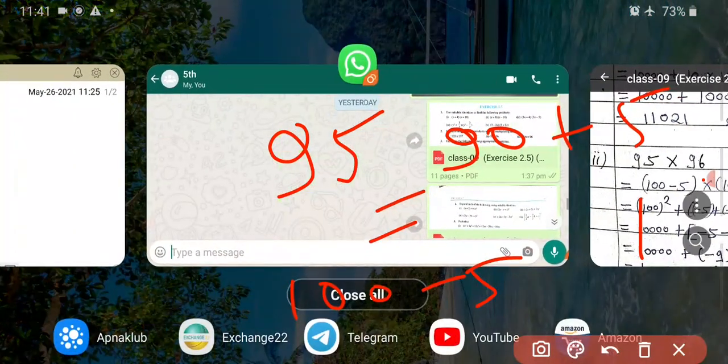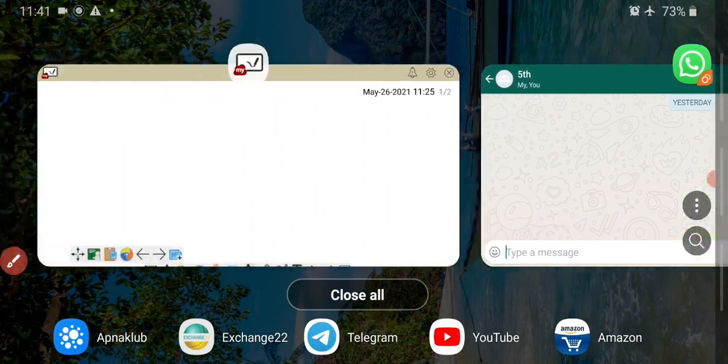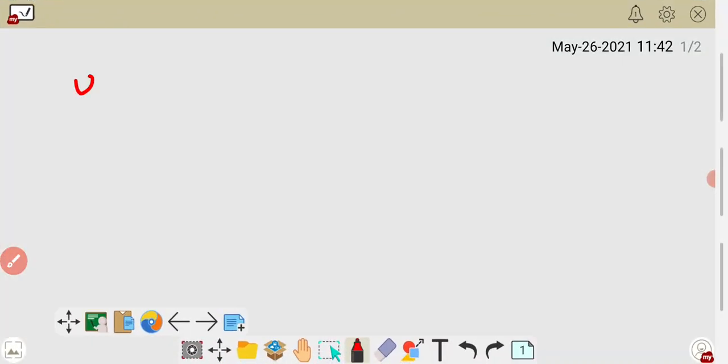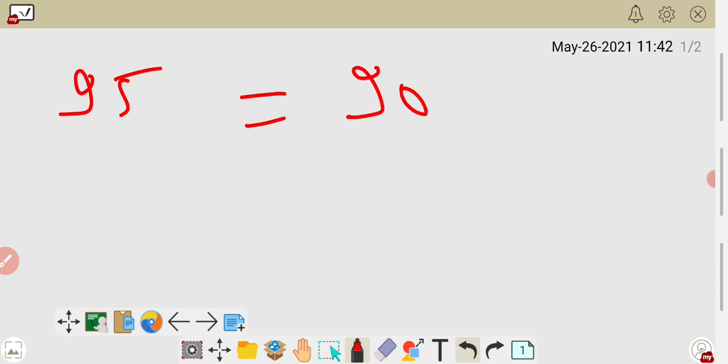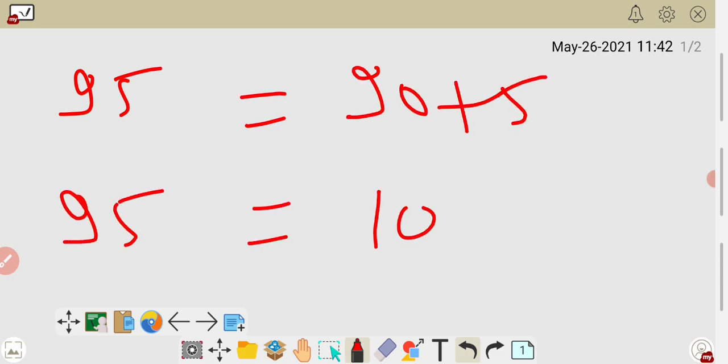Okay, I am going to explain this on the board. Just see here, it is 95. Either you can write 90 plus 5, or 100 minus 5.